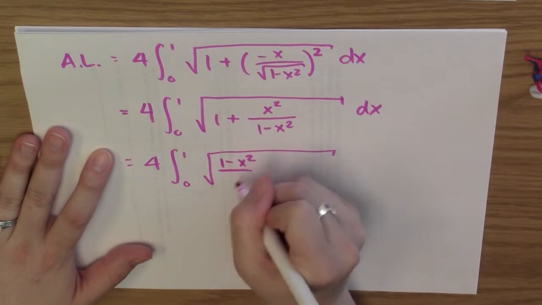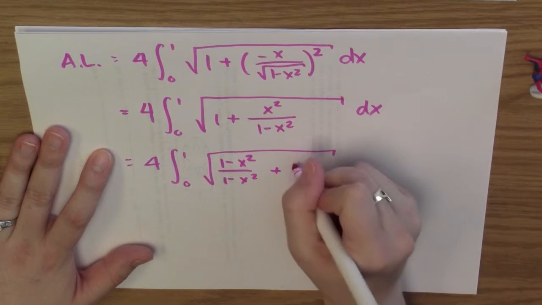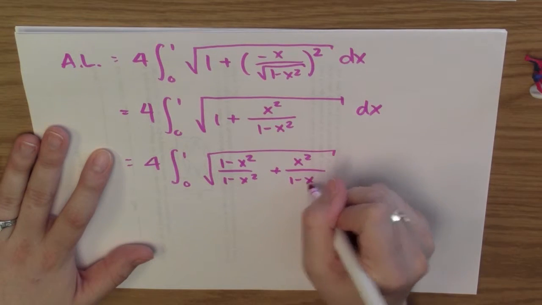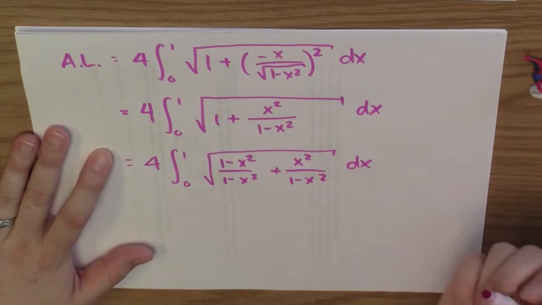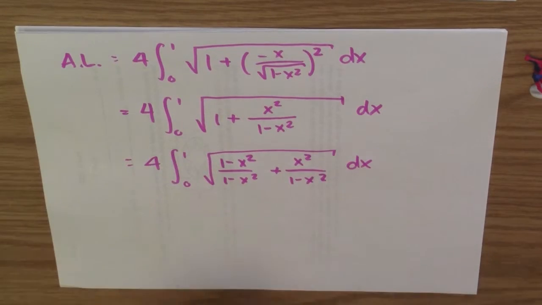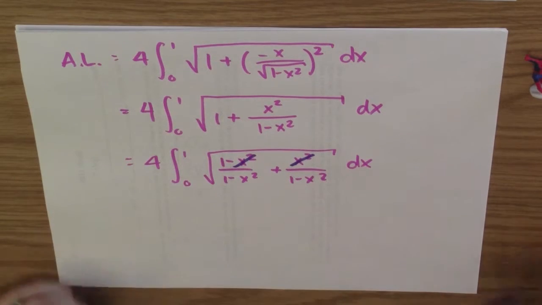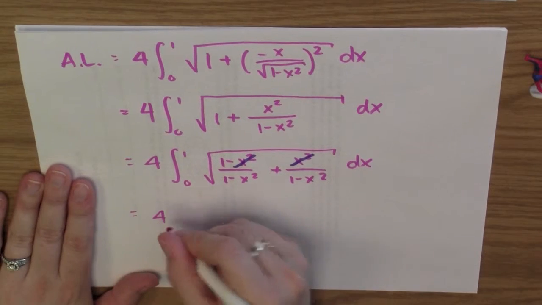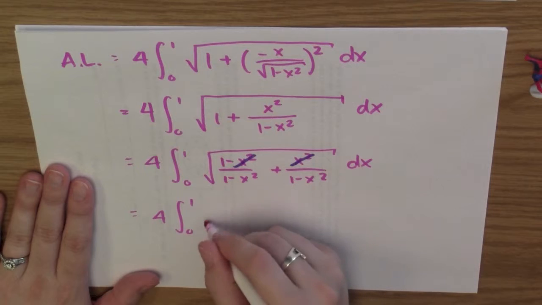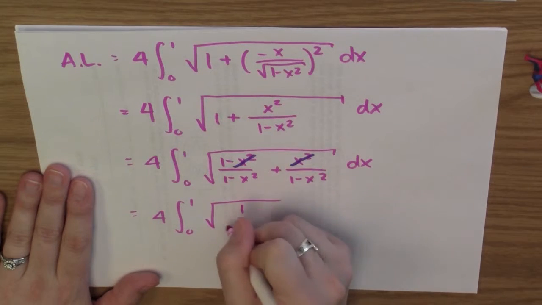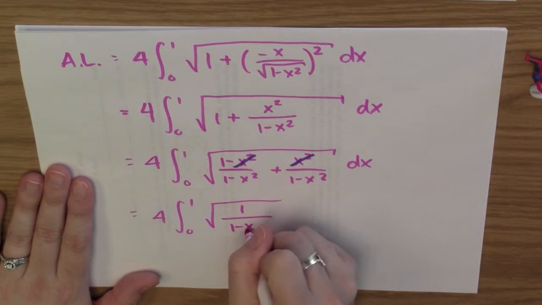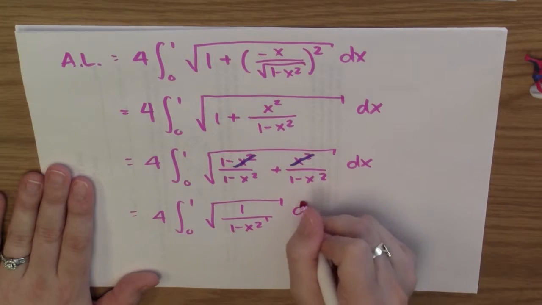So I have (1 minus x squared) over (1 minus x squared) plus x squared over (1 minus x squared), dx. When I combine these two fractions, the negative x squared and the positive x squared cancel. So what I have is 4 times the integral from 0 to 1 of the square root of 1 over 1 minus x squared, dx.